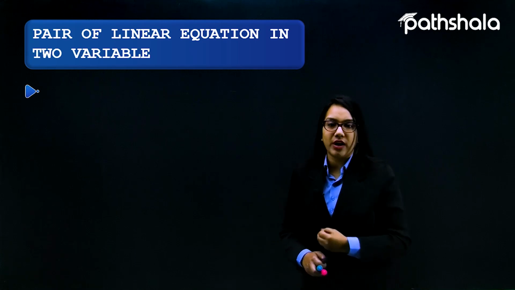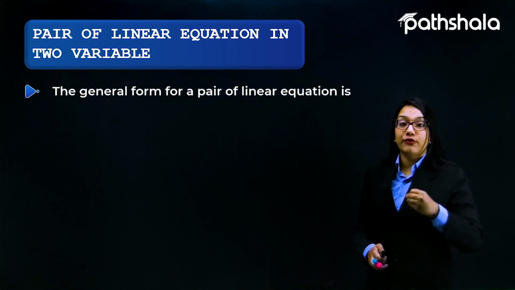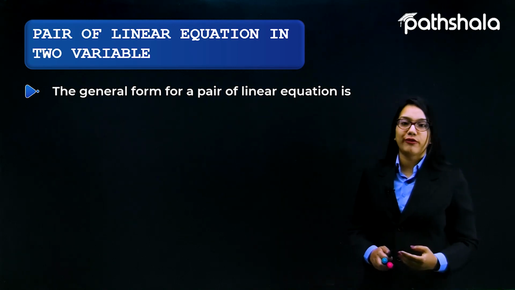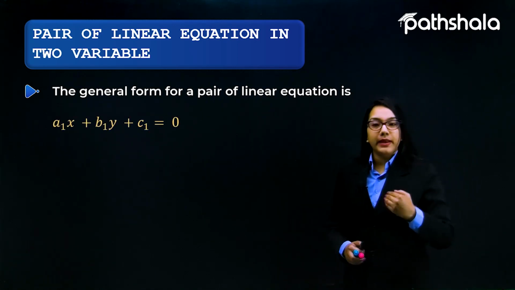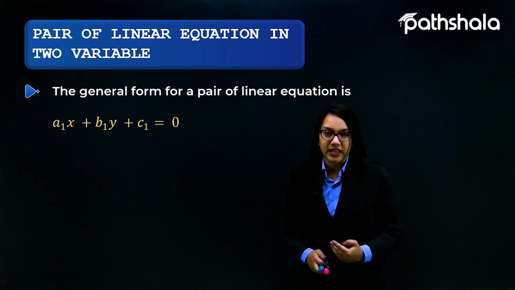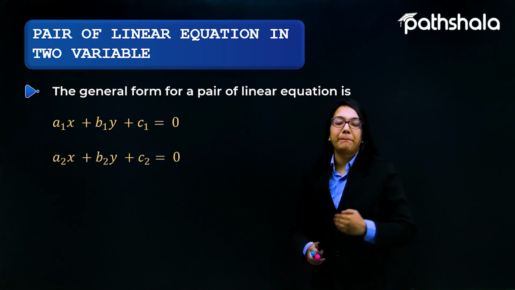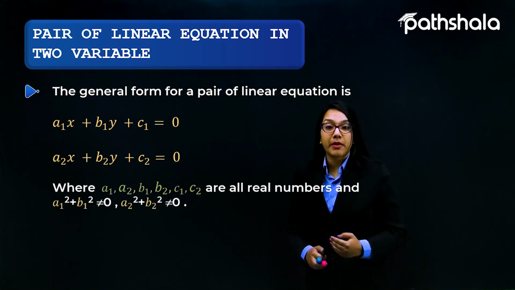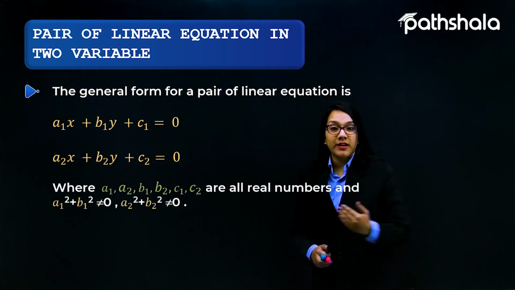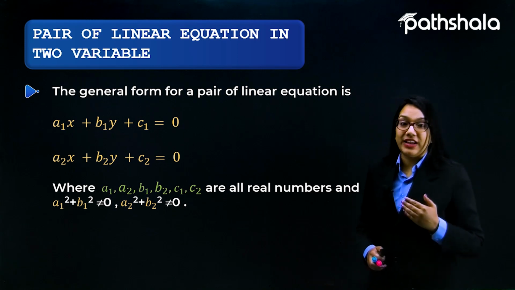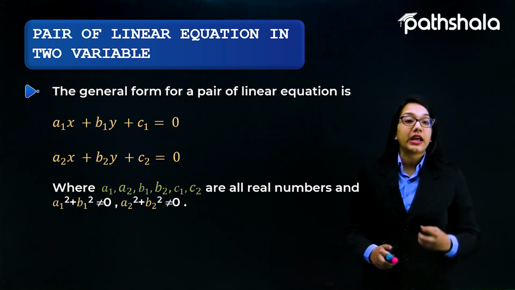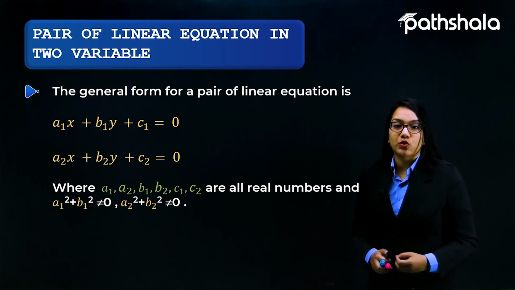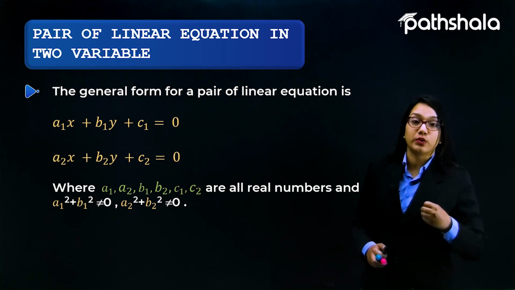If we are talking about the general form for a pair of linear equations, it would be of the form a1x plus b1y plus c1 is equal to 0 and a2x plus b2y plus c2 is equal to 0, where a1, a2, b1, b2, c1, c2 are any real numbers with the condition that a1 square plus b1 square cannot be equal to 0, and a2 square plus b2 square cannot be equal to 0.